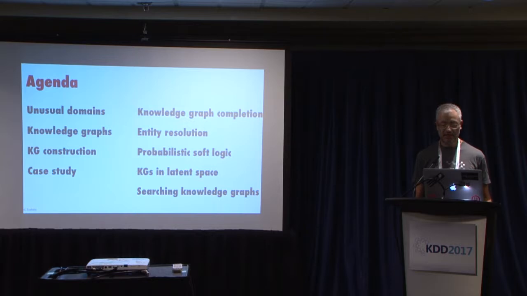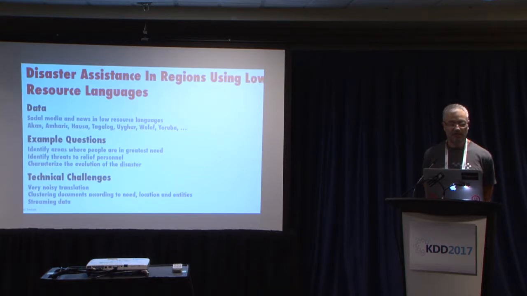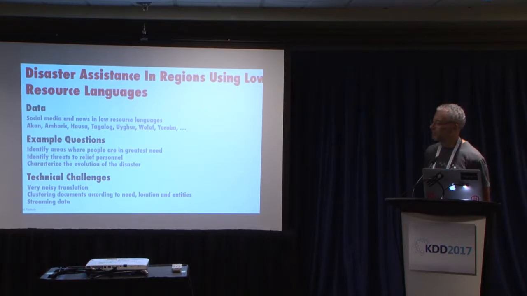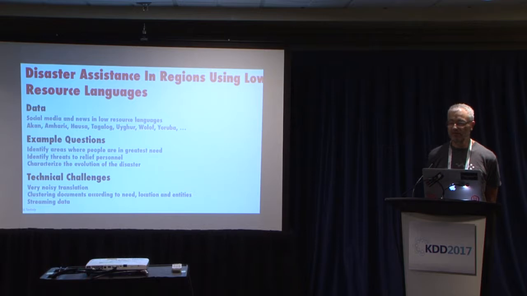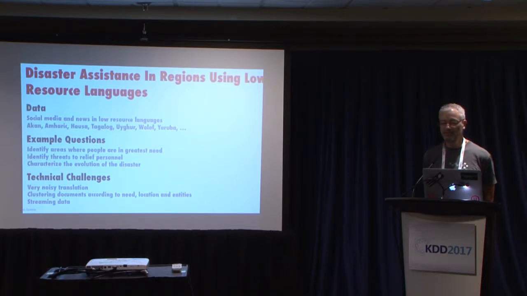Okay, so let's get really started. So what's an unusual domain? I'll give you examples. One of the examples we have is disaster assistance in regions using low resource languages. Low resource languages are languages for which there are very few linguistic resources on the internet, and basically there's no Google Translate for them.